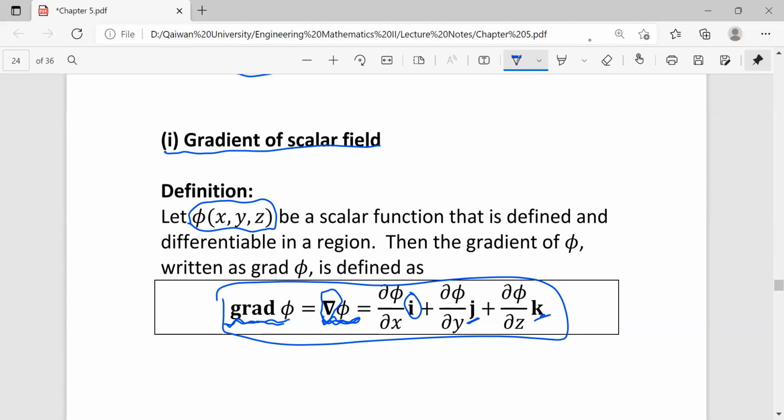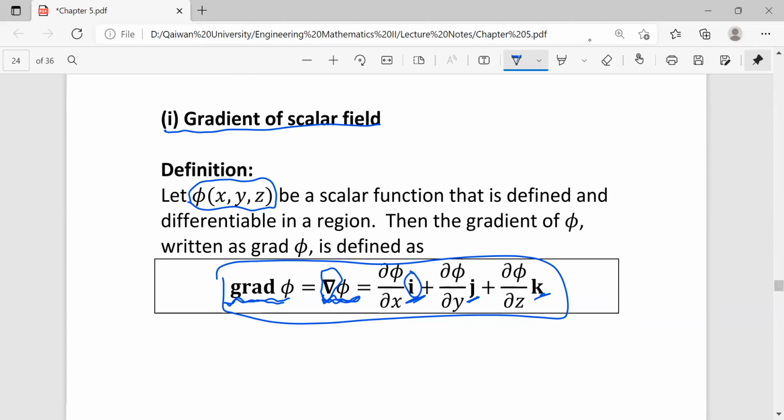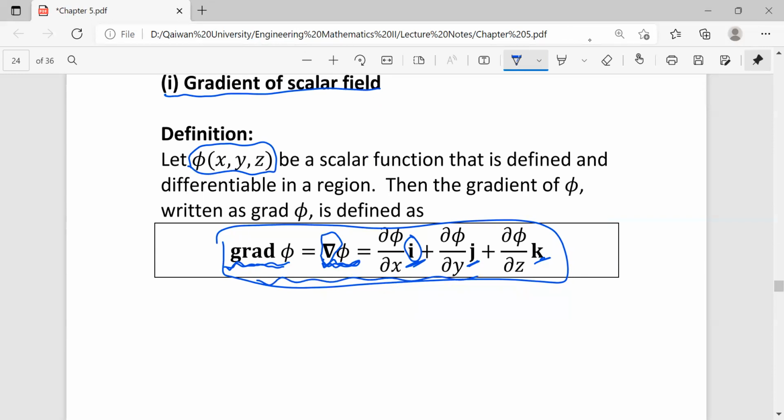Here we find the partial derivatives of the scalar field with respect to x, y, and z. We multiply the derivative with respect to x by i, plus the derivative with respect to y times j, plus the derivative with respect to z times k. This is the rule for the gradient of a scalar field.